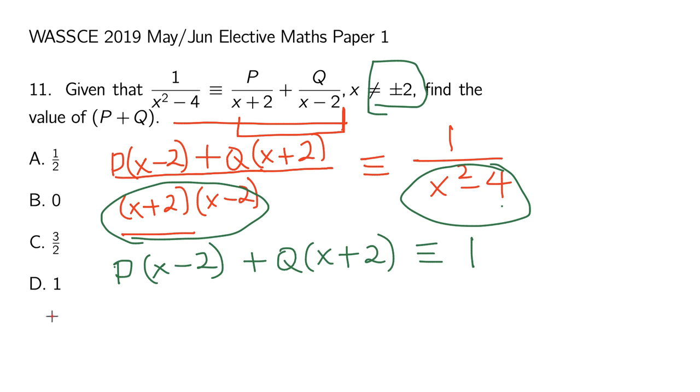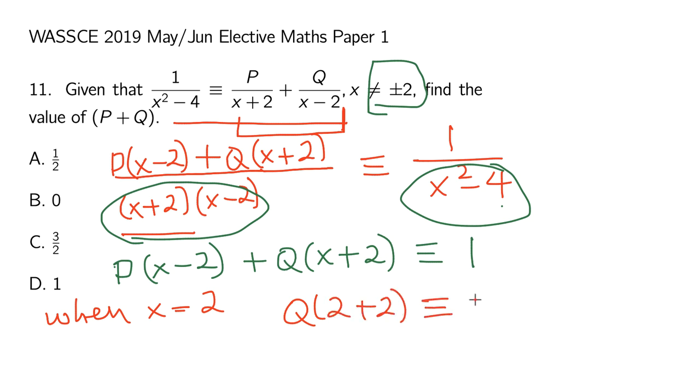So when x equals 2, what do we get? If you put x equals 2 here, you will get 2 minus 2, which is 0. So p times 0 disappears. Then over here you get q times 2 plus 2, which is 4, is 1. So 4q equals 1, and q equals 1/4.